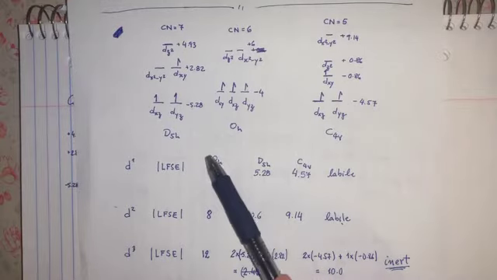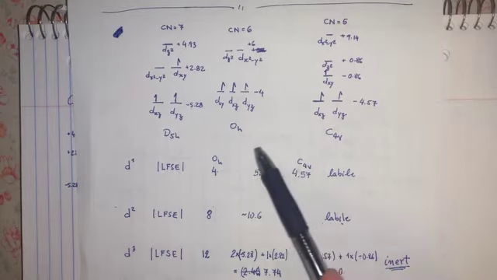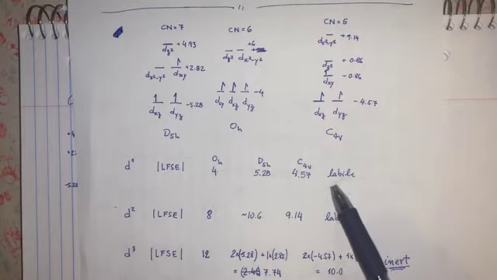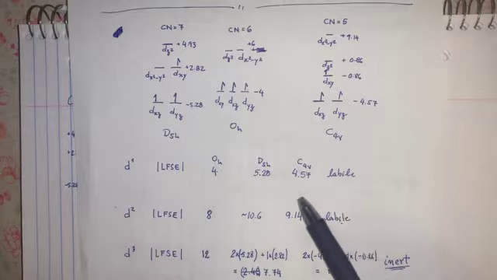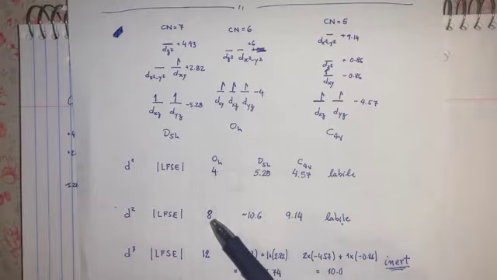Therefore, D1 complexes tend to be labile. Okay, they tend to react kind of fast. And the same goes for the D2. So here the intermediate states are more stable than the octahedral complex, therefore the compound is labile.